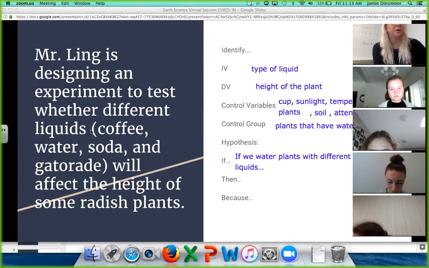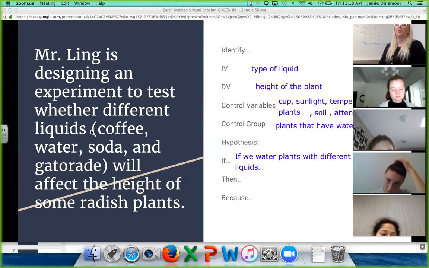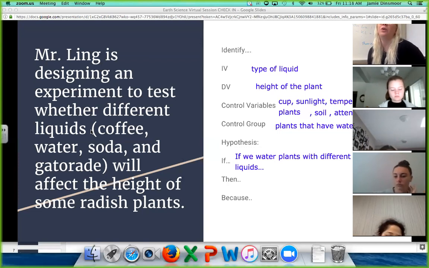So when you've got one written, paste it into the chat so that we can kind of see what everyone is thinking.